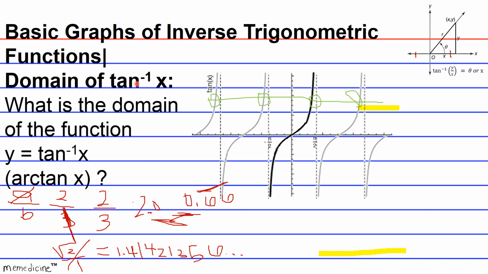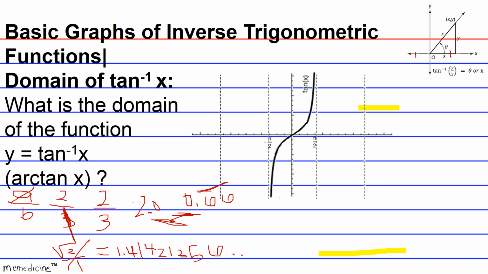Because this right here yields an arctangent function with a capital A rather than a lowercase a. And that's not what we want. So what we're going to do now is just restrict the domain.